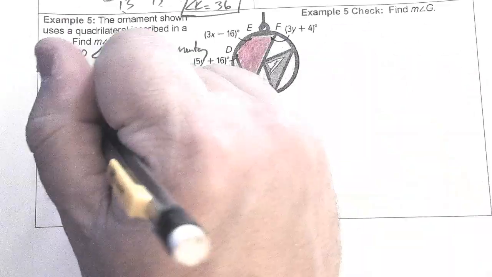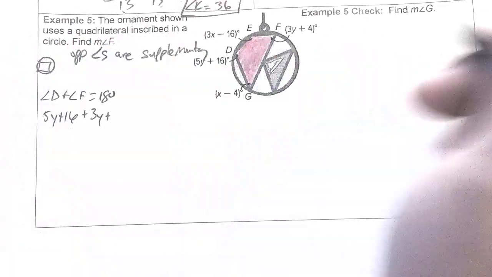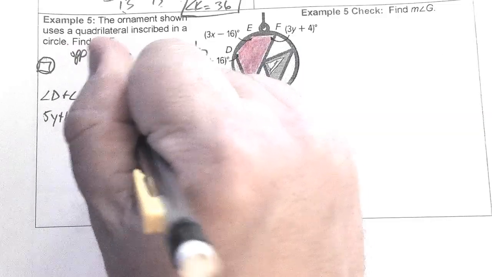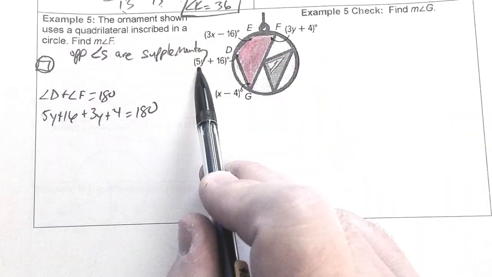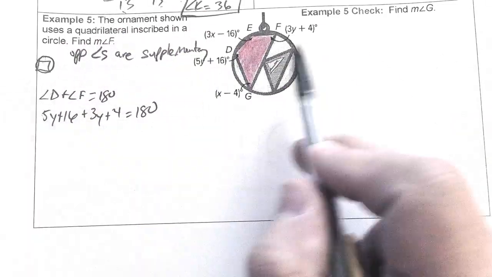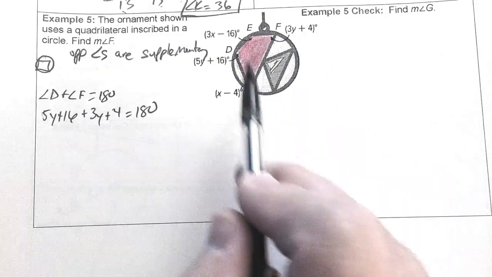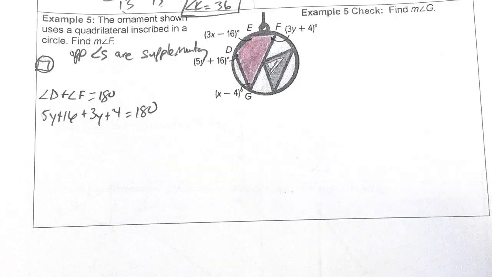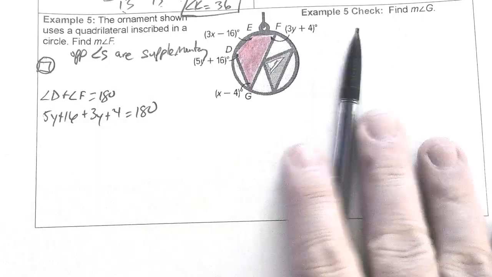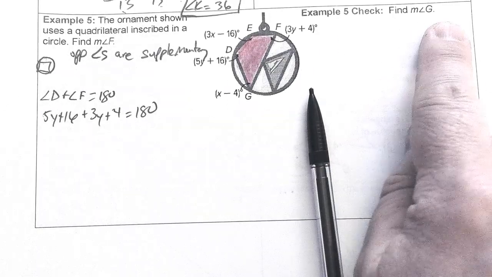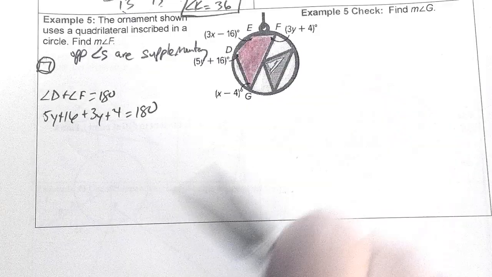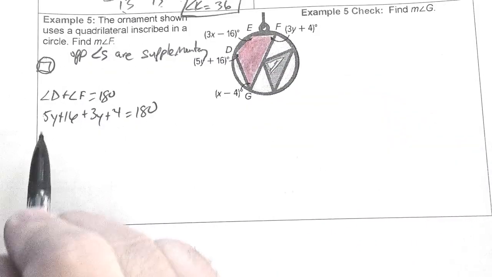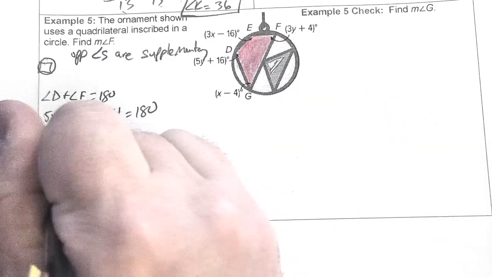F is 3y plus 4, equals 180. This plus this equals 180, because opposite angles are supplementary. You're going to do the same over here with your x's, and then solve for angle G and plug it back in. All right, 5y and 3y make 8y.